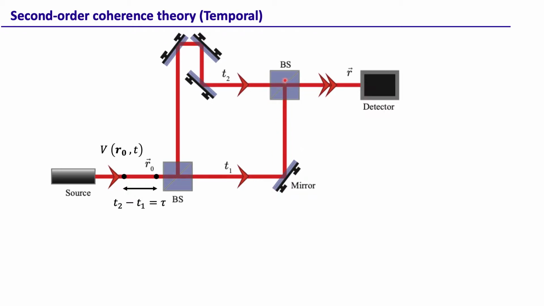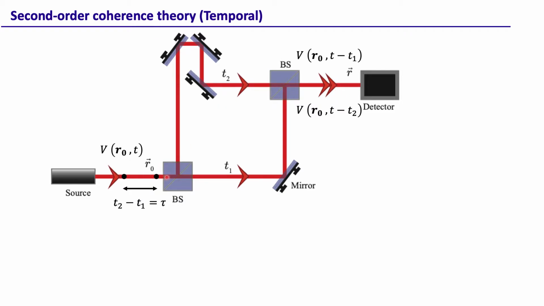Of course, part of it goes through the other port of the beam splitter, but we are not talking about that. We are just looking at what comes into this port. So this field goes like this, and part of it comes this way, this field goes like this, and part of it comes this way. So what we have over here at R, the detector location, is a field coming from this arm and a field coming from this arm.